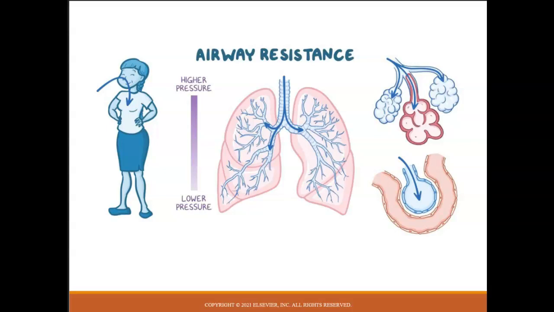I can either artificially make the pressure down here low by using a negative pressure ventilator to pull those lungs open from the outside, or I can artificially make this pressure gradient by adding pressure up here, which is most commonly what we do.